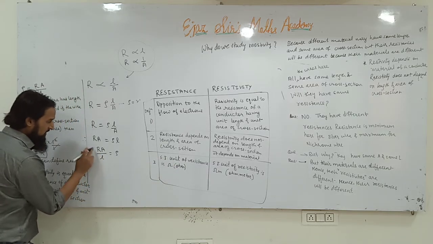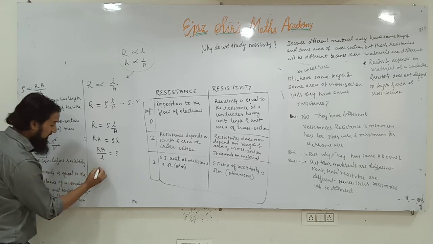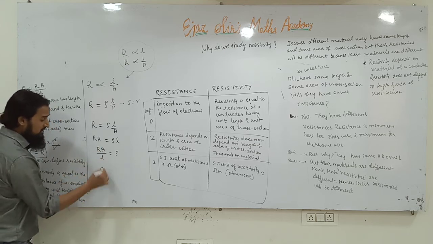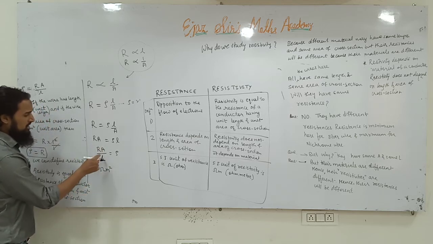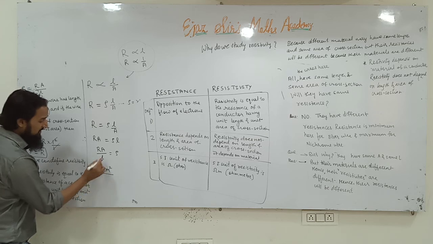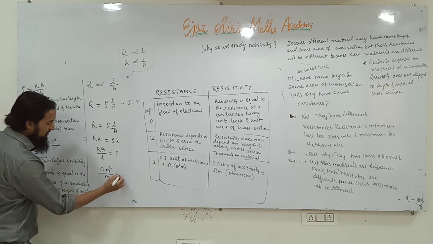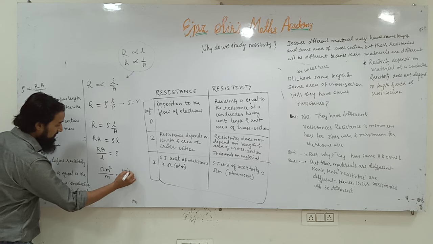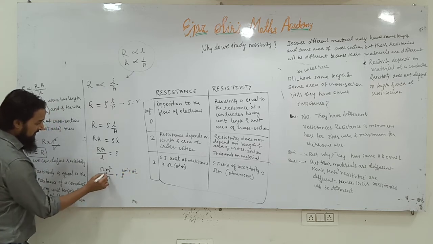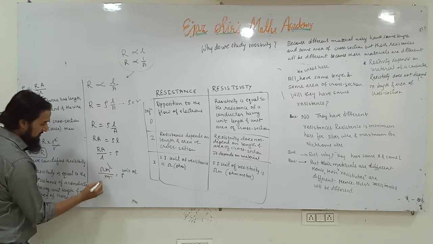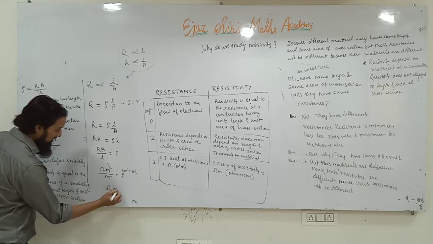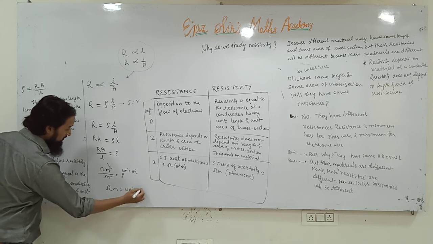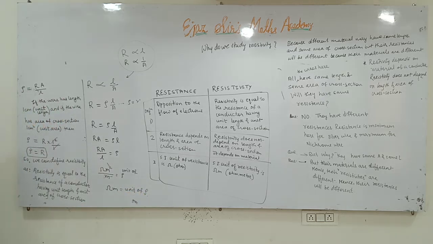Here resistance has SI unit ohm. The SI unit of area is meter square; area is length into breadth or pi r square. Length should be measured in meter. The unit of rho will be ohm meter. Understood? The unit of resistivity is ohm meter.